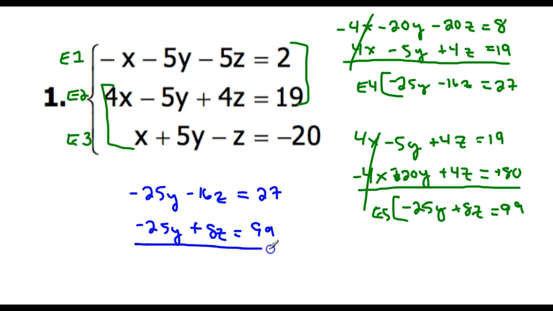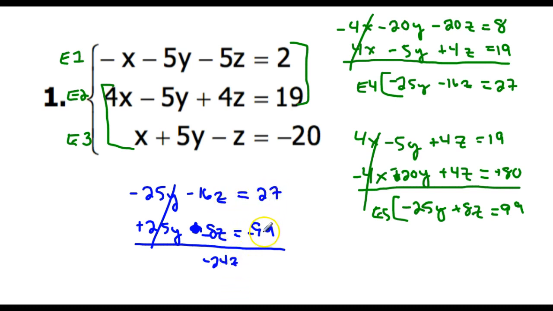Now, we want to eliminate again, and it looks like they've set this up so the y's are going to eliminate very nicely here. But I need to change the sign. So I'm going to multiply the bottom one by a -1. You can multiply the top if you want. That's going to flip all the signs here. And then I'm going to add straight up and down. So -25 plus 25 will eliminate the y's. -16 minus 8 is going to give me -24z.